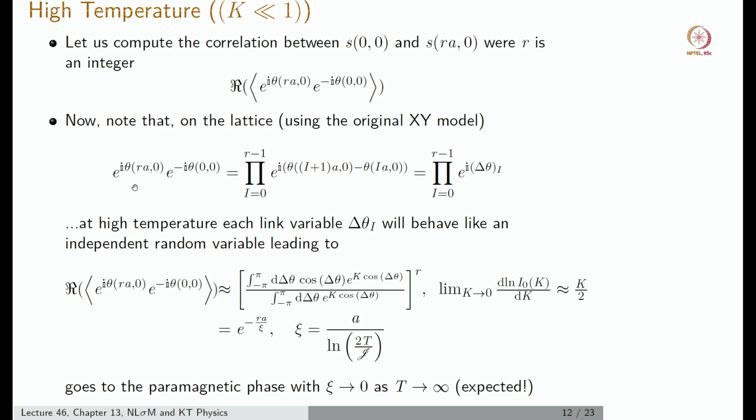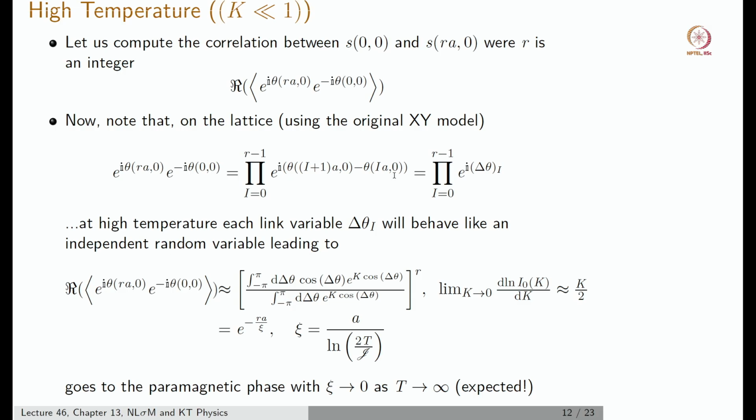Now since it's a product of these two things, I can add a whole bunch of ones on all the lattice points that are in between these two. And each of them I can write as S at that point and S star at that point. So when I do that, you will see that I will go over all lattice points from 0 to R minus 1, and I will end up getting the difference of theta between the neighboring lattice points.